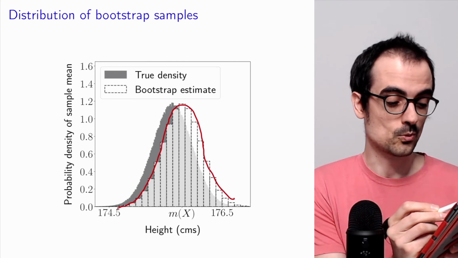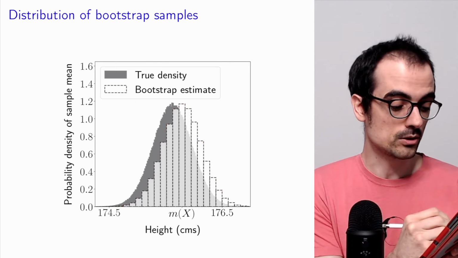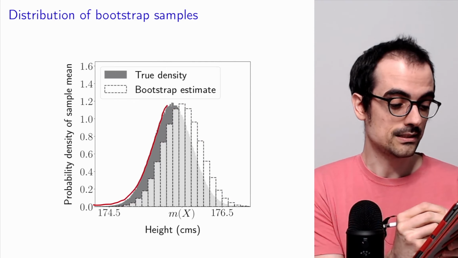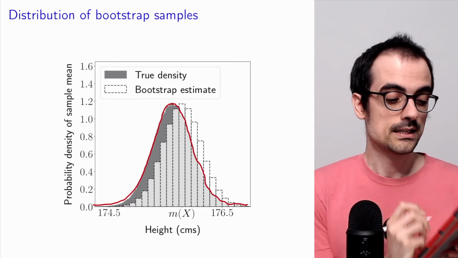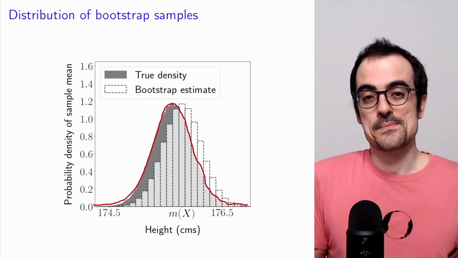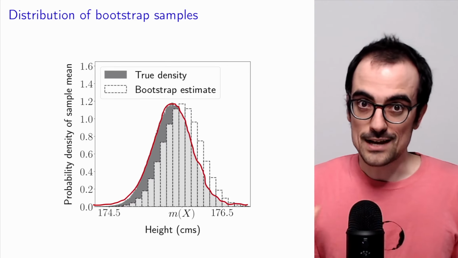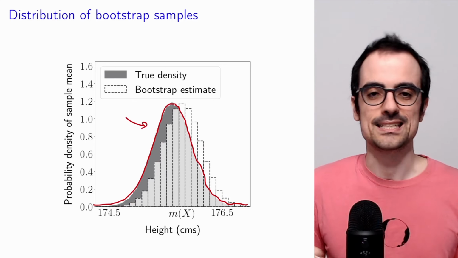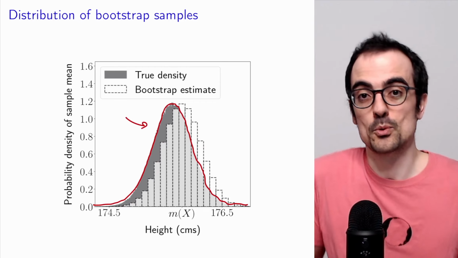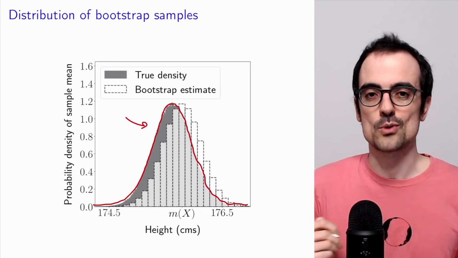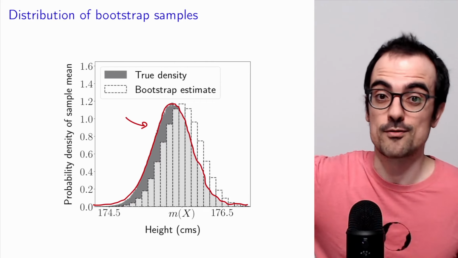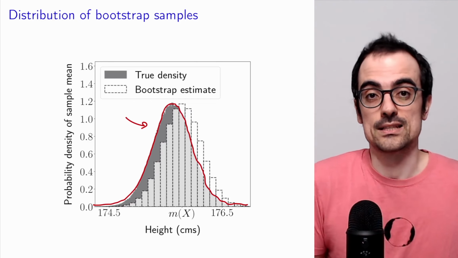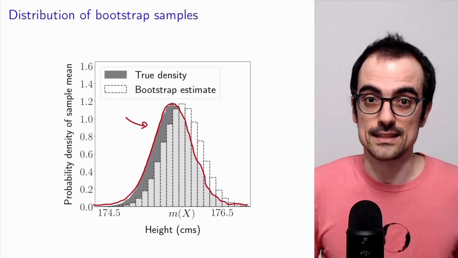Ideally, we would want to approximate the original true density of the sample mean. But of course, there's not going to be a completely free lunch here. We cannot hope to completely approximate it from the bootstrap samples. In order to approximate that, we would have to be able to sample from the true population, and we cannot, because we only have n data points.